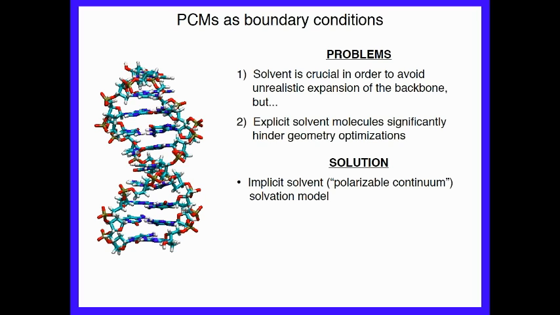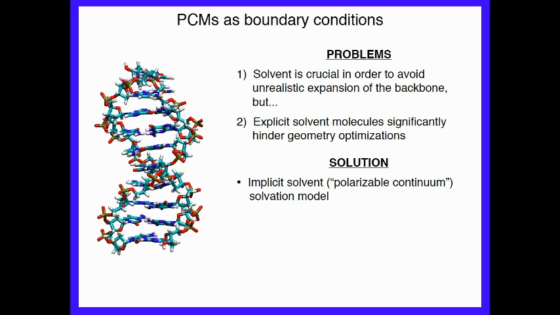DNA is a highly charged polymer, and so if I take that QM-MM calculation with a couple of nucleobases treated as the QM region, the rest of this decamer of DNA treated as the MM region, and put it in the gas phase, I will get nonsensical results because of the enormous repulsion energy between the negatively charged phosphate groups.